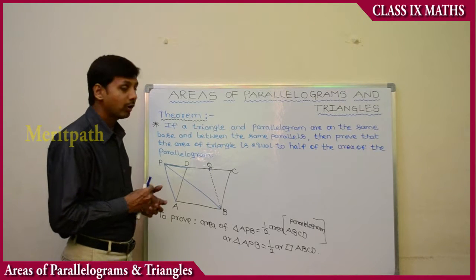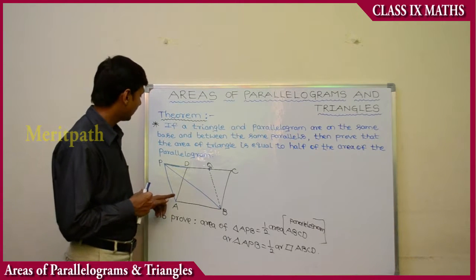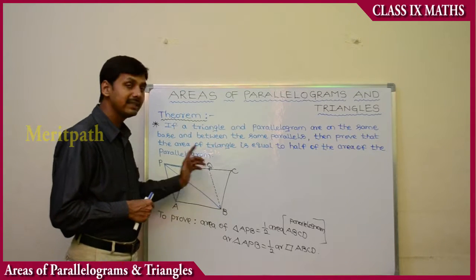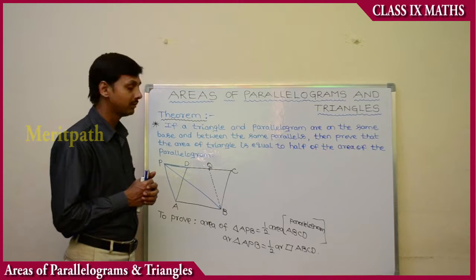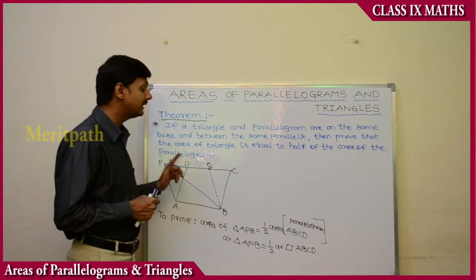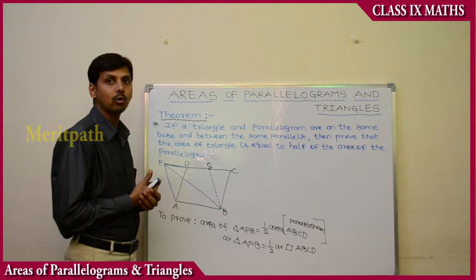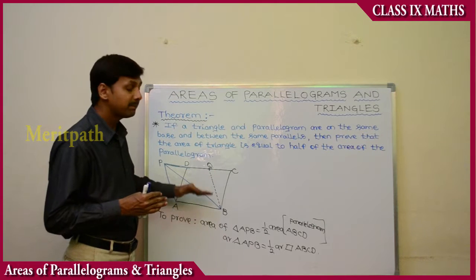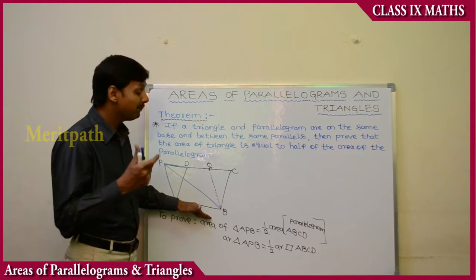Now we got two parallelograms, ABQP and also ABCD. ABQP is one parallelogram and ABCD is the other. They are between the same parallel lines and they have the same base AB.